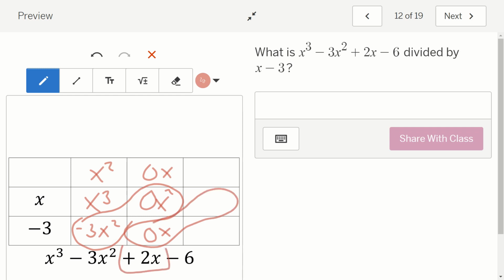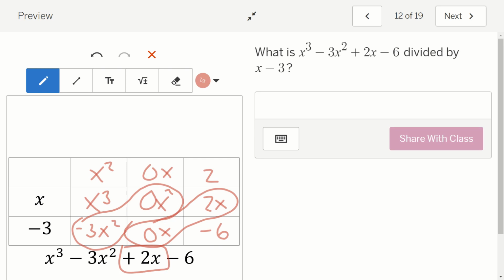I need them to add up to 2x. I only have a 0x, so this would need to be 2x. And then x times what gives me 2x? And 2 times negative 3 is negative 6. Notice that it still works.